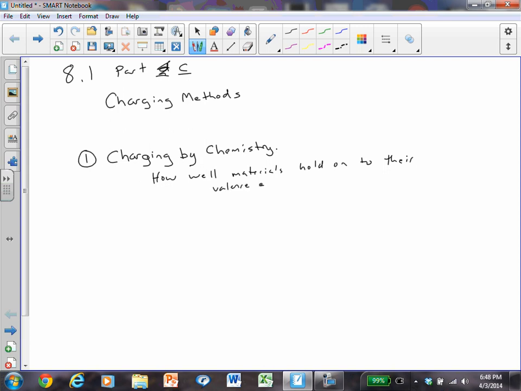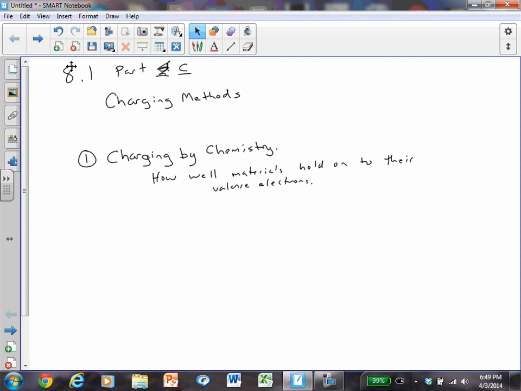So we were sort of talking about atoms before, and how different atoms have different electronegativities. We go to materials, they also have different electronegativities, and we break them up into insulators and conductors, and you can do the same with atoms.